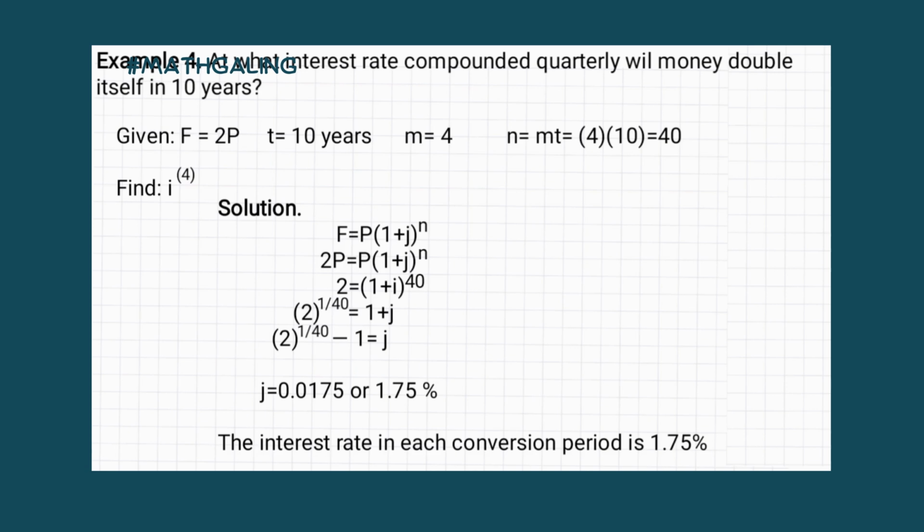So g equals 0.0174 or 1.75%. The interest rate in each conversion period is 1.75%.